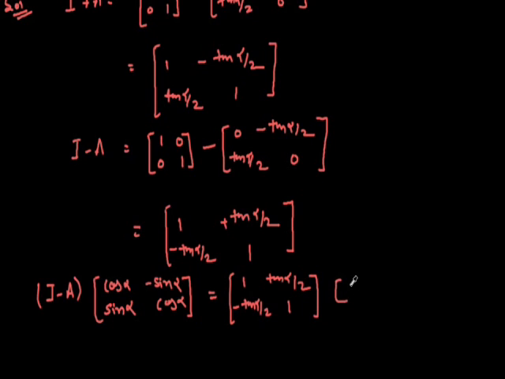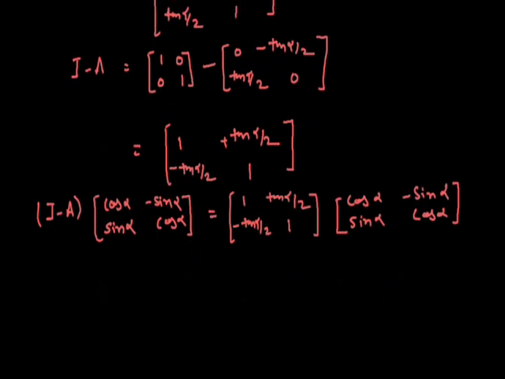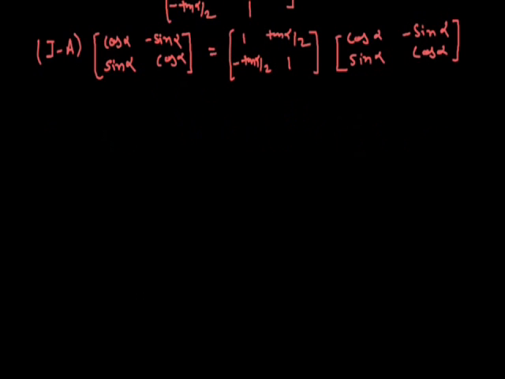Now it is cos alpha, minus sin alpha, sin alpha, cos alpha. Now first of all convert sin alpha and cos alpha into the tan form. So 1, tan alpha by 2, minus tan alpha by 2, 1.